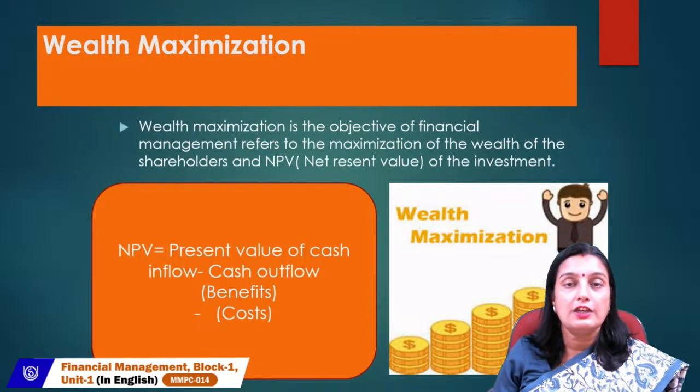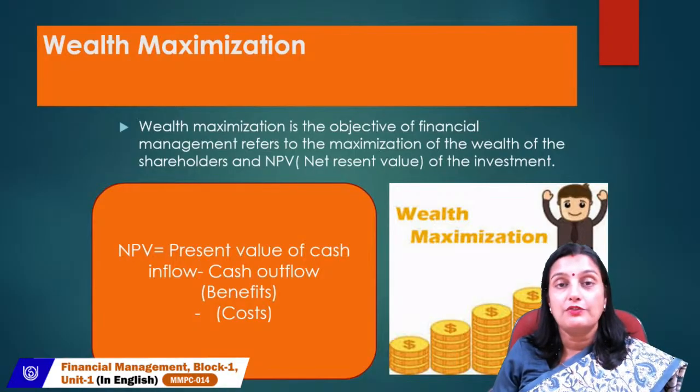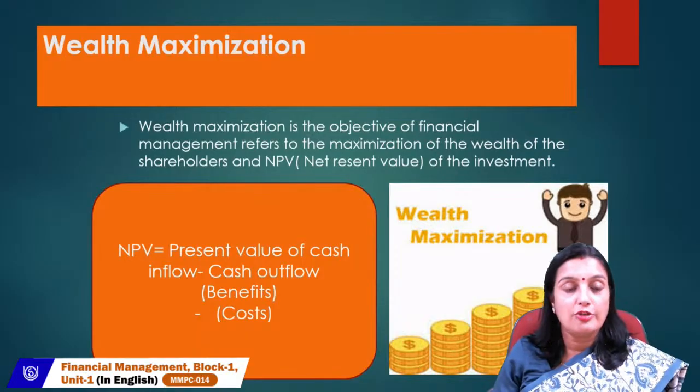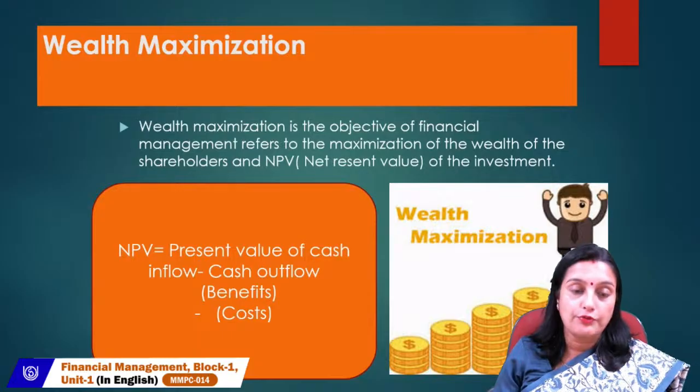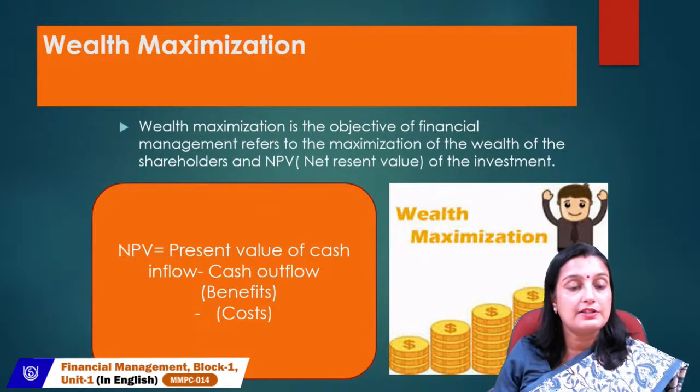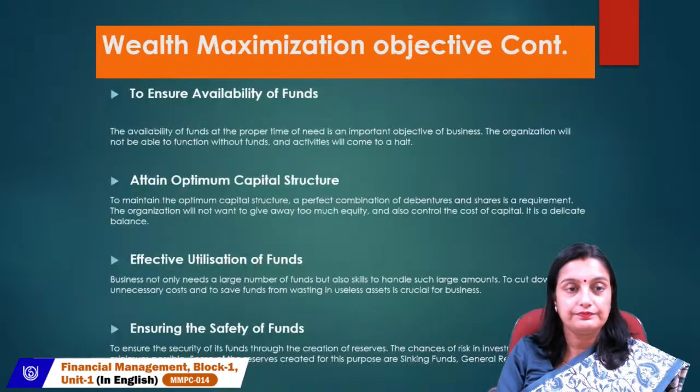One should not invest in a project where the NPV is negative, right? So NPV is the present value of cash inflow minus the present value of cash outflow. We can also write it as benefits minus costs.